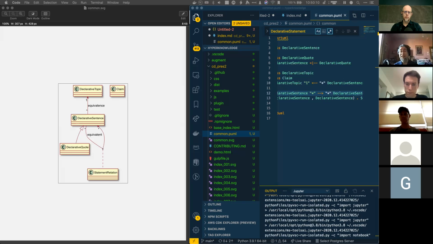It will be a subclass of declarative sentence. For me, declarative sentence is a subclass of symbol. And it will also have components, premises and conclusion, we went through that, which will also be declarative sentences.